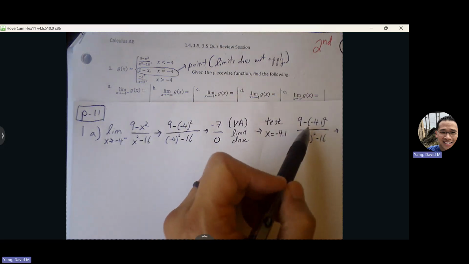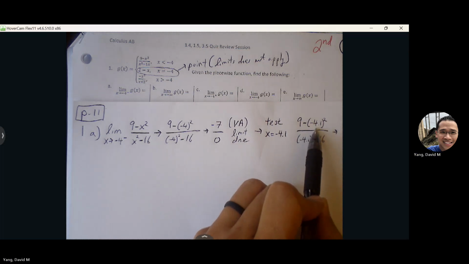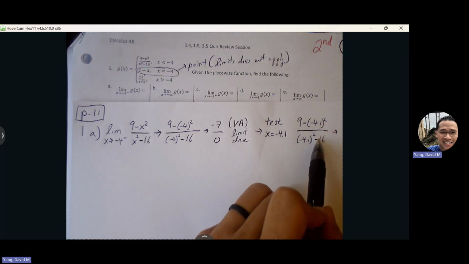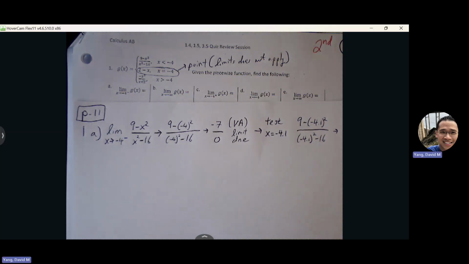Yeah, so if it was 9 minus 4.1 cubed, it'll probably still be a positive, but I'm talking about degrees. Oh, degrees. If it's a different degree on the top than on the bottom, you still plug in like -4.1. Yes. If you're considering comparing degrees, remember that's only for infinity. We don't compare degrees if it's a real number.